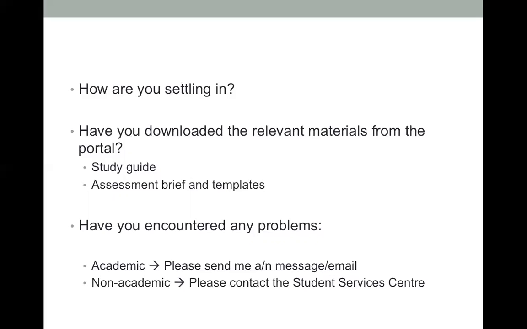Like anybody else, we have different commitments. So my strong recommendation for you is to map all commitments on your personal calendar, including the assessment due dates. Okay. Again, if you encounter any problem, please get in touch with me.